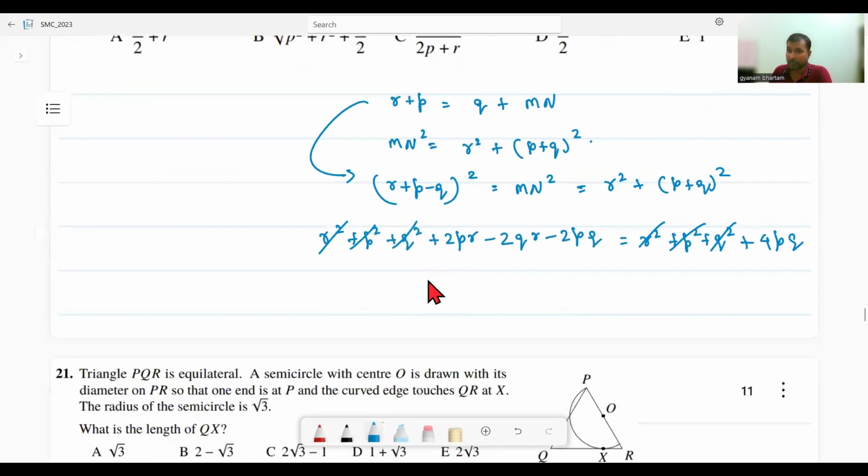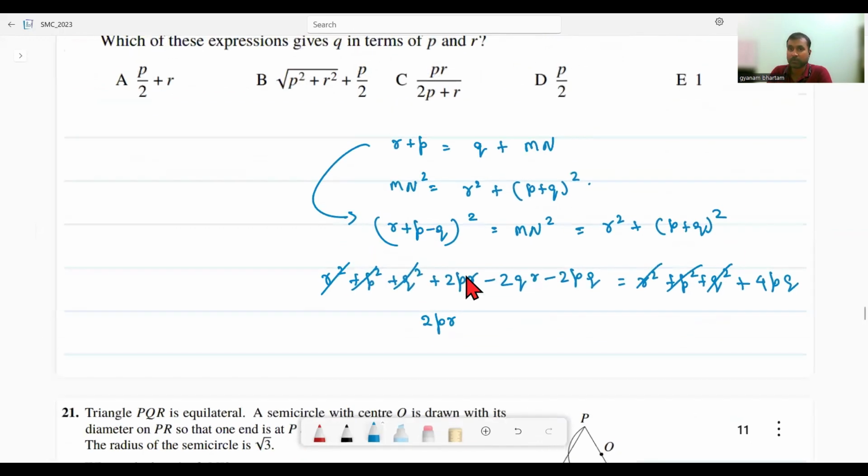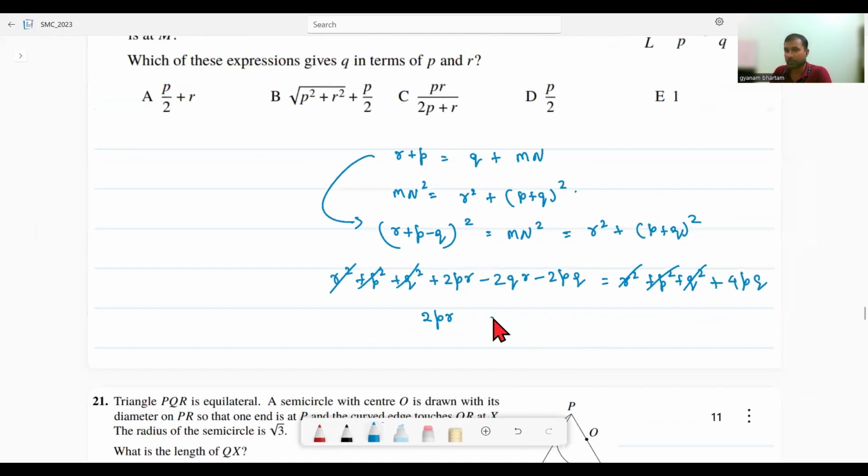We are left with 2PR. What we want is in terms of Q, right? Take all the Q terms, so we get 6PQ plus 2QR, and if you take Q common, we have 2PR divided by 6P plus 2R, right? And you can just divide it by 2 throughout.